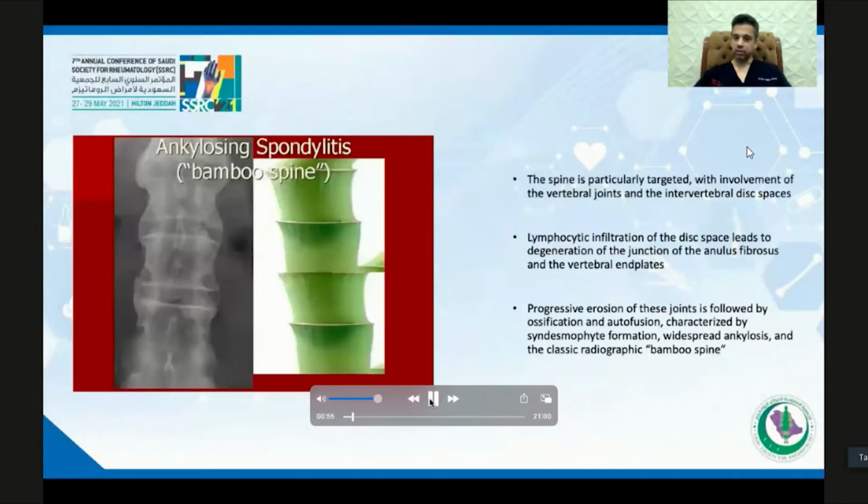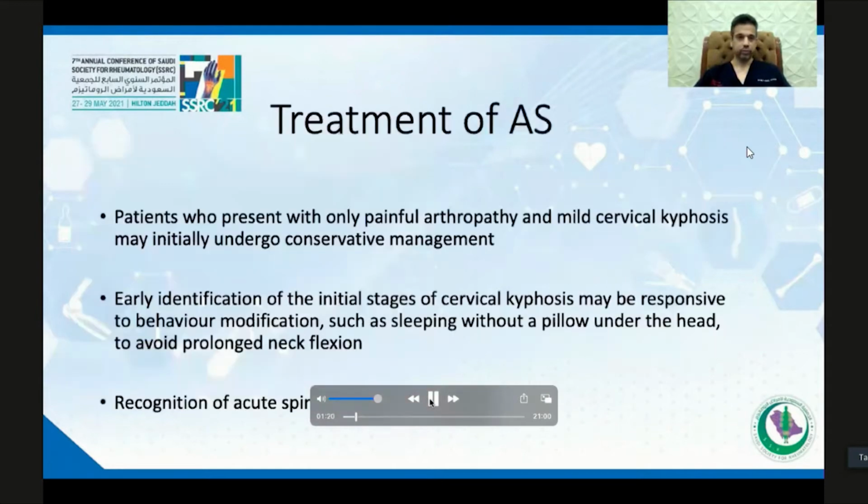The disease itself starts in the facet joint and the intervertebral disc space. When lymphocytic infiltration affects the annulus fibrosus with the vertebral end plates, it forms syndesmophytes, and then the final fusion of the spine gives the picture of what we call bamboo spine.